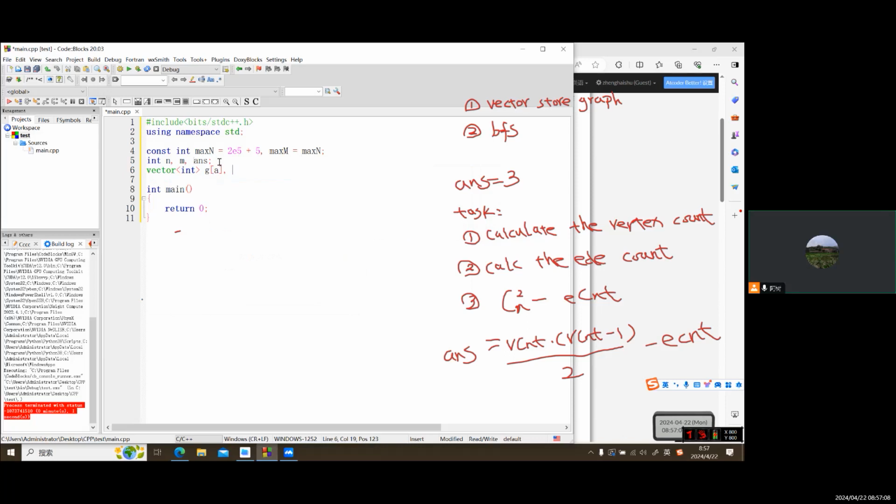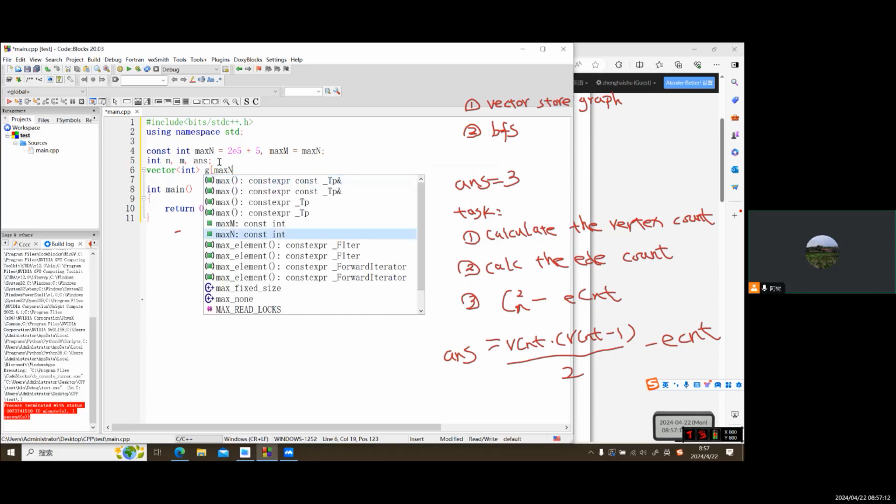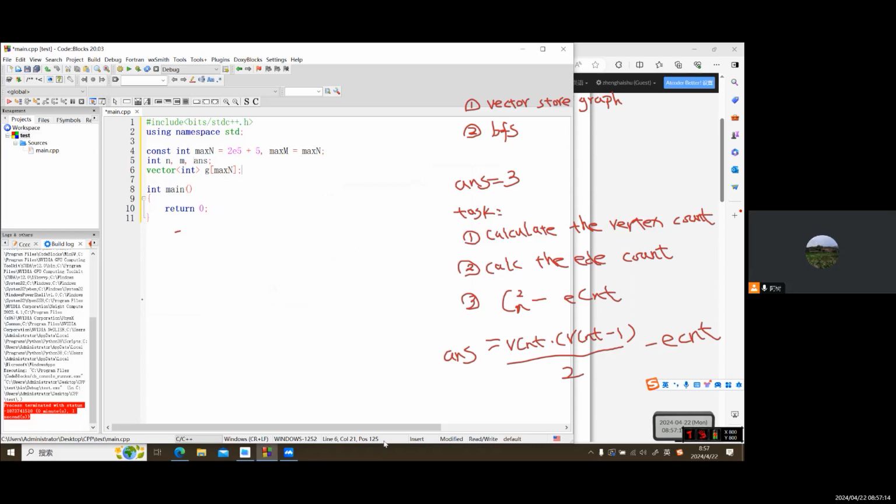We use vector to store the graph. Input n and m. Now we have m relationships. A, B. Pushback.